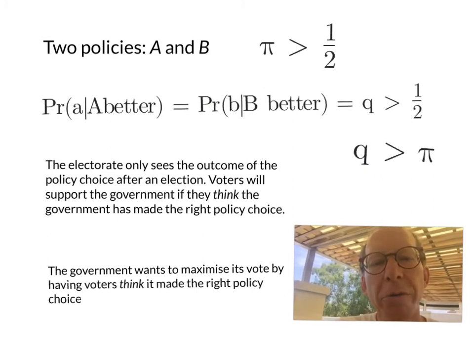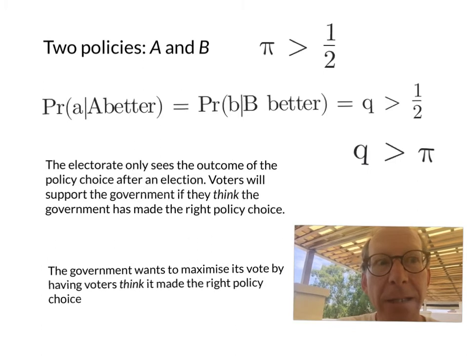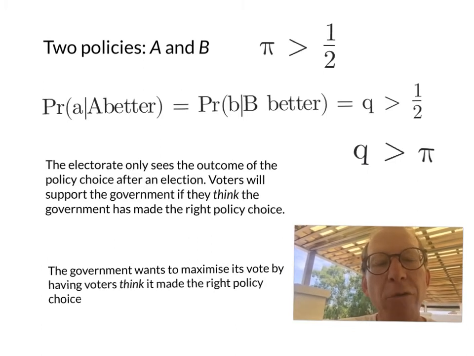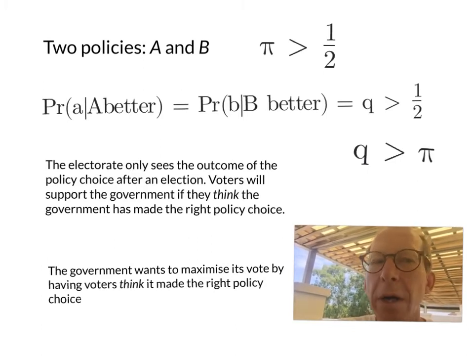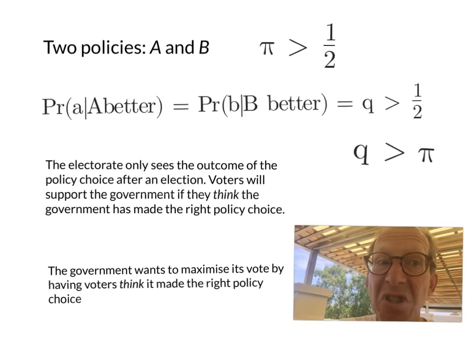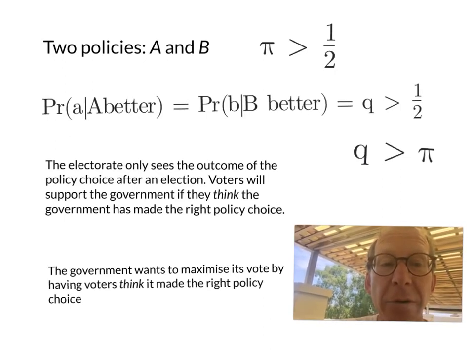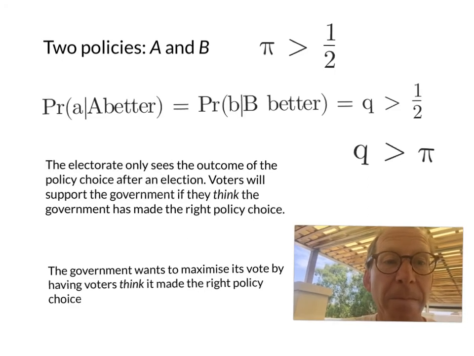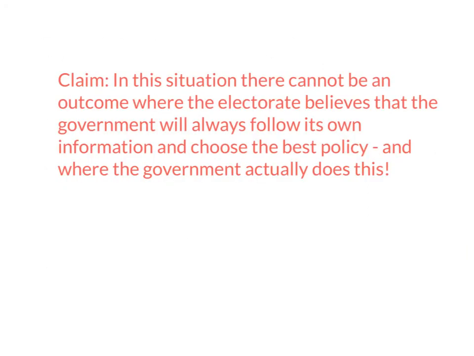Governments will often want to do the right thing and maximise their vote. But let's run with this extreme assumption to see where it leads us. Because thinking about a government wanting to maximise its vote, which is not unreasonable, can lead to some pretty serious policy outcomes. In particular, it leads to the following claim.